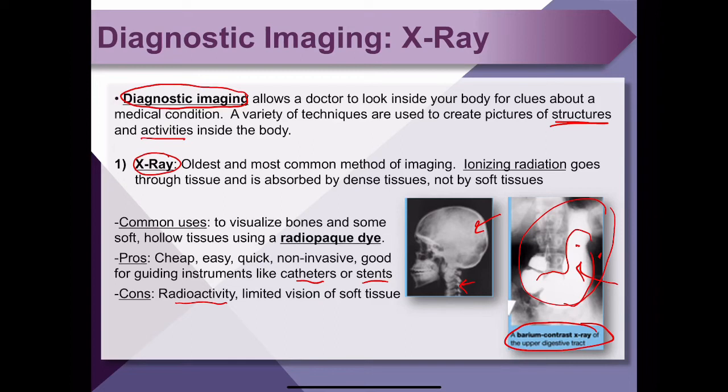That doesn't happen. But chronic exposure to radioactivity increases your likelihood of cancer. Also, with X-ray we only have limited vision of soft tissue, and any type of radioactivity is sometimes something we don't want. So that's a con of X-ray.